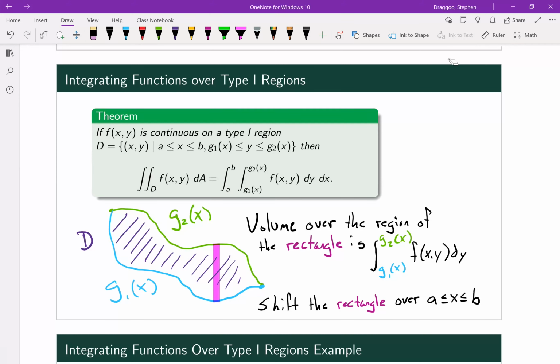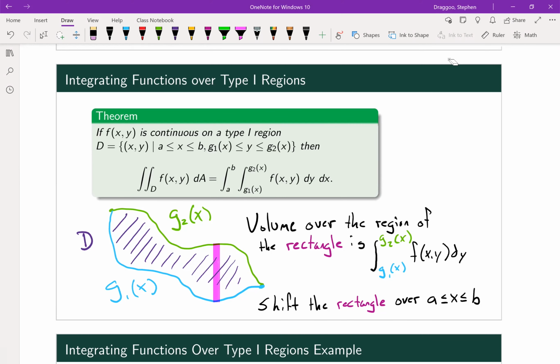In a type 1 region, we want to express everything in terms of x, which means we take an integral of y first, with bounds that are two functions of x, and then move into doing the second integral in terms of x.